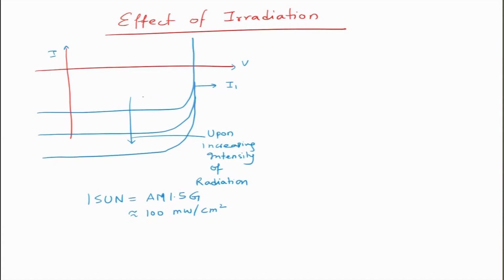So, if this was at 1 sun, then this would be 1.5 sun, nearly 1.5 times increase, and this would be nearly 2 sun, theoretically speaking, provided there is no change in the VOC and other things are not changing. Ideally speaking, it should show double the increase in the current.